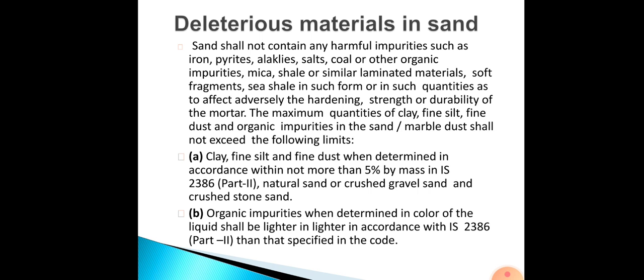Also there is a limit for the maximum quantity of clay, fine silt, fine dust, etc., which should not be more than 5% by mass in the sand used for construction. Organic impurities also should not be present in excess. So these are the various desirable properties of sand.